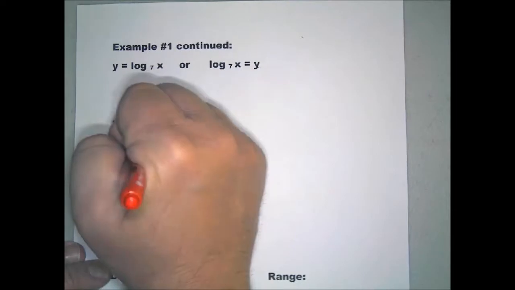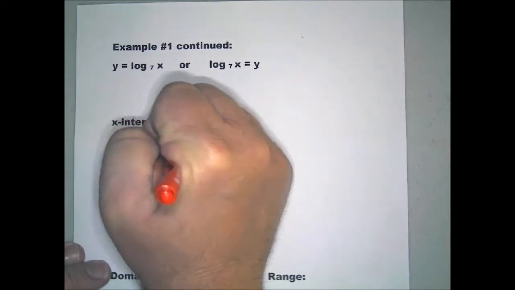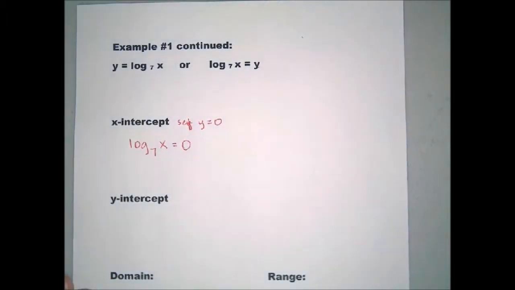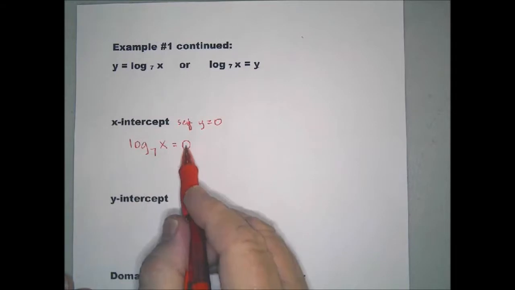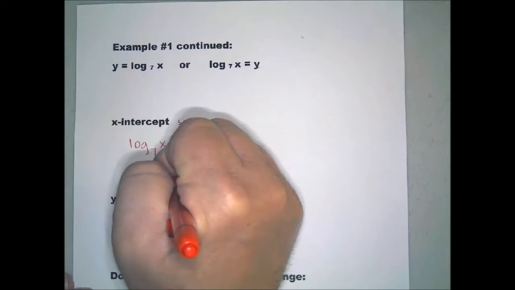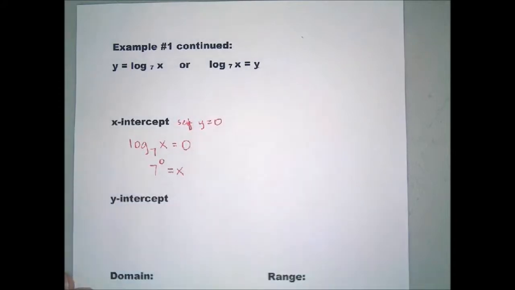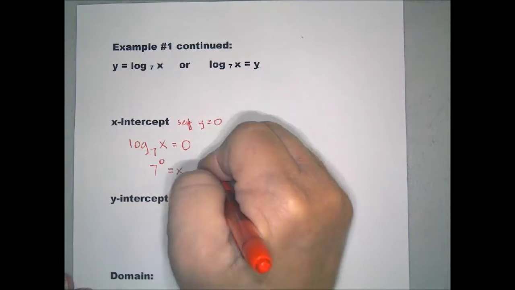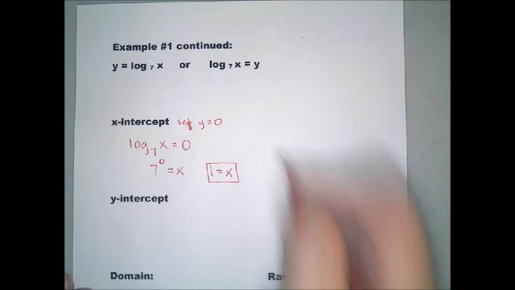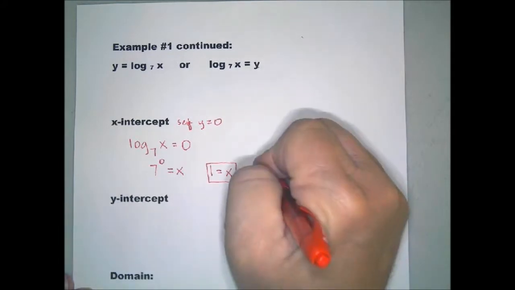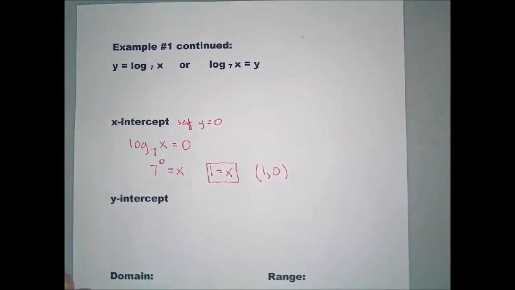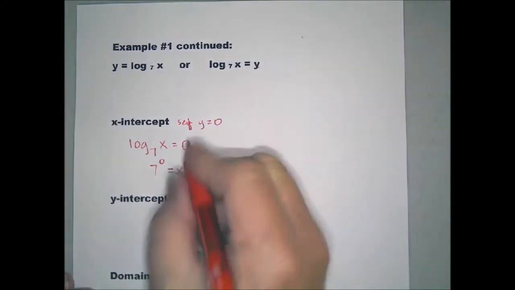We'd have log base 7 of x equals 0. Now, let's solve this by going out of log form and into exponential form. 7 raised to the 0 power equals x. Well, 7 to the 0 power is 1, so 1 equals x. So that's the x-intercept. When x is 1, y is 0. But our graph told us that anyway.